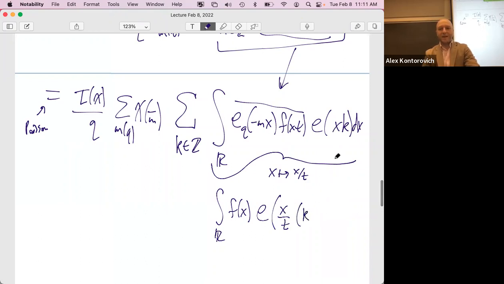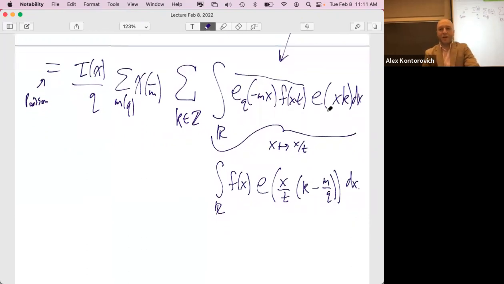I have a k, and I have a minus m over q. And dx is dx over t, so there's a factor of 1 over t that comes out.